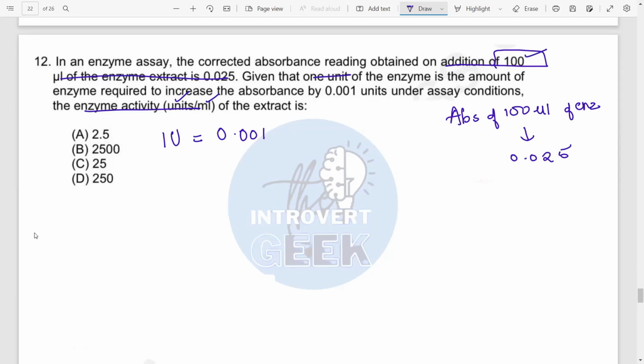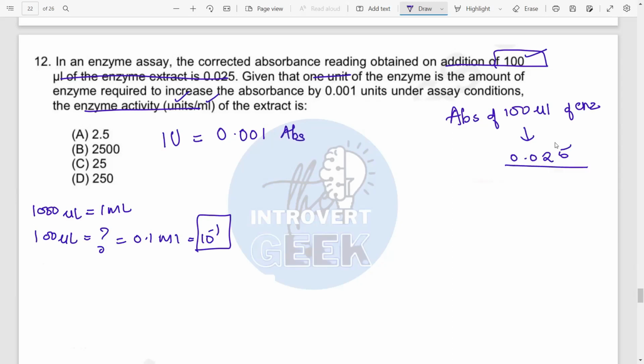Now how much is 100 microliter in ml? You know that 1000 microliter is 1 ml, so 100 microliter will be 0.1 ml, or 10 raised to minus 1. Now, they are telling you that 1 unit corresponds to 0.001 absorbance. They have already given you the absorbance of 100 microliter, which is 0.025. So how many units does that correspond to?